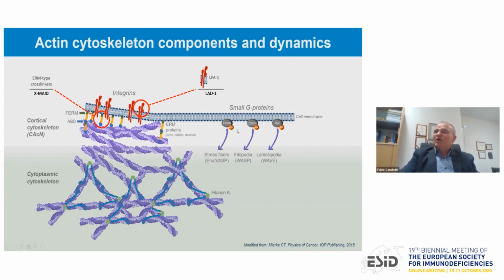These small G proteins regulate the generation of actin-containing structures like stress fibers, filopodia, and lamellipodia through the activation of specific nucleation promoting factors such as N-WASP, WASP, and WAVE.